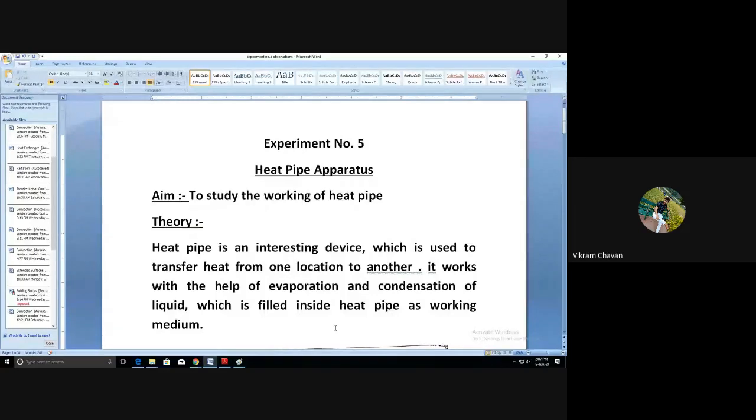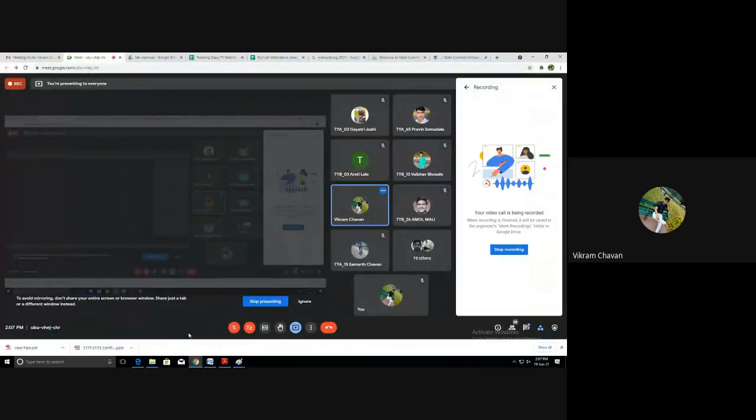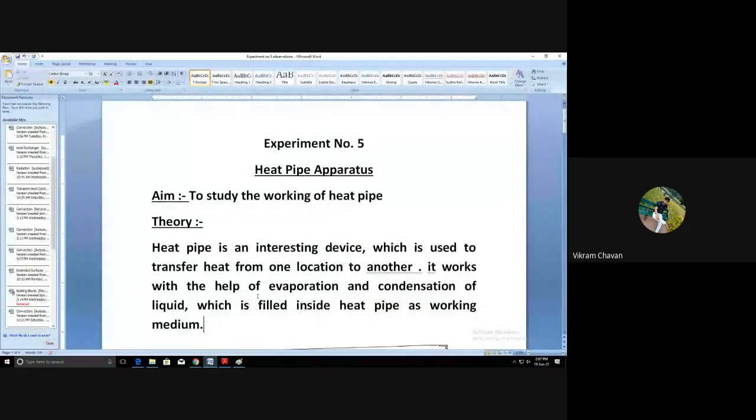Now we have already discussed the theory part of a heat pipe. In that we discussed that the heat pipe doesn't have any moving part, and it does not require any external energy to perform the operation, the transportation of heat from one location to another location.